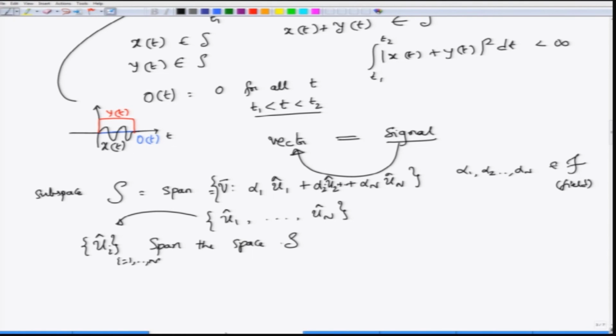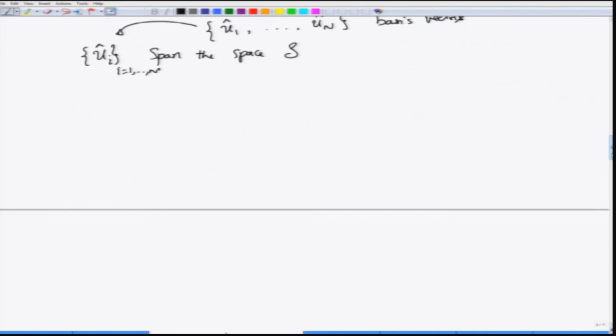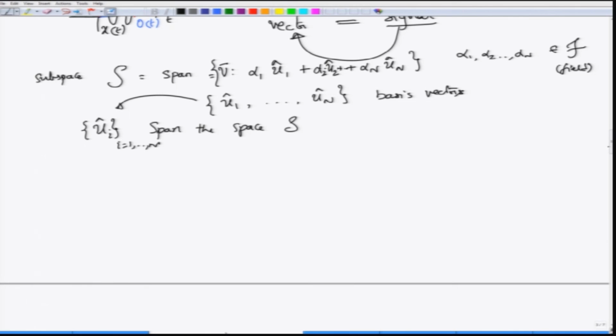There are technically small differences, but we do not want to distinguish any of them at this point. So, these vectors ui span the space S, or span the subspace S, both statements mean the same to me. These vectors which are spanning the space S are called basis vectors.